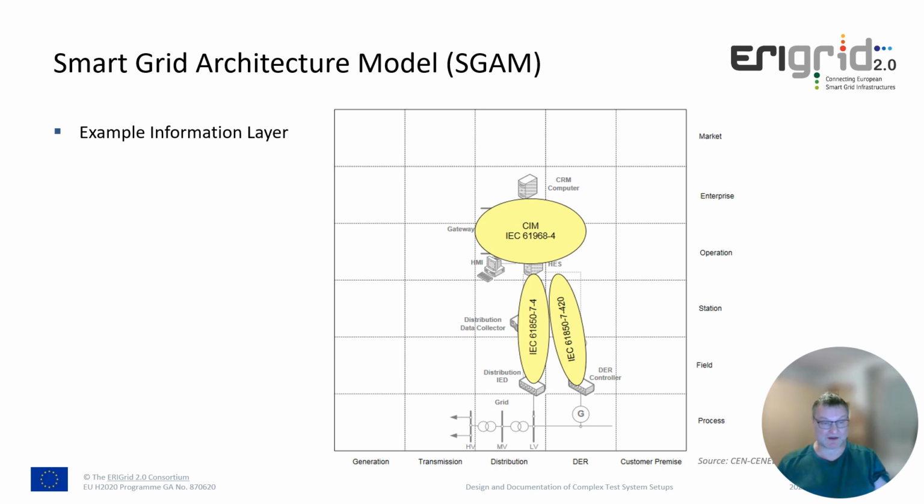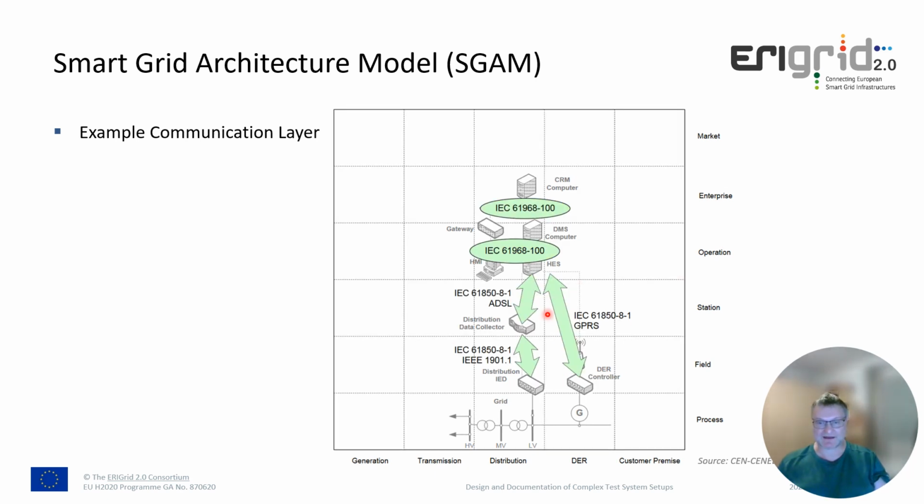That's the information side, and the communication side shows here the explicitly used communication protocols that can be mapped in order to represent this use case and the whole architecture in this Smart Grid Architecture Model.